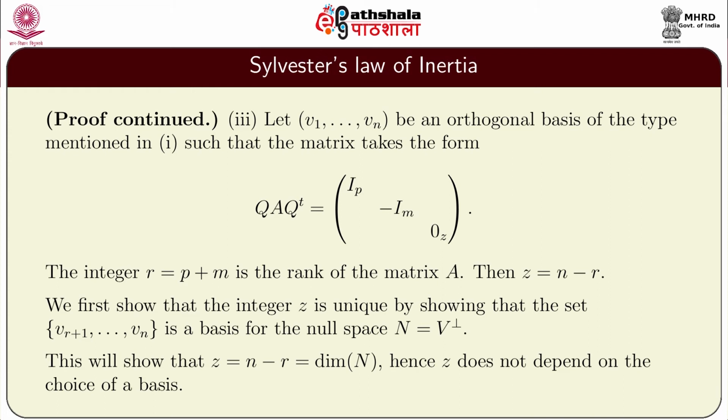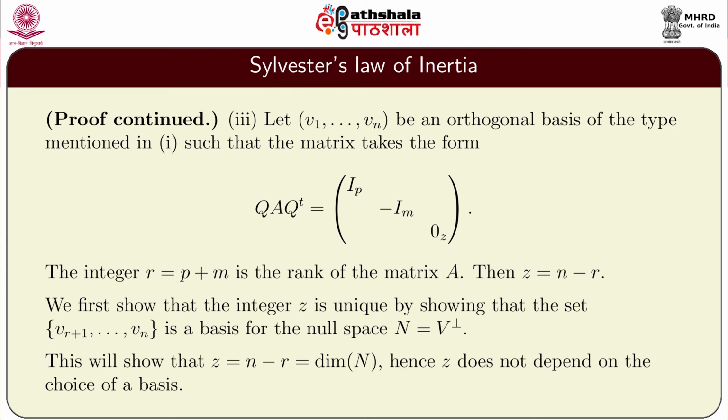This will show that Z, which is n minus r, is the dimension of this null space N. Therefore, the integer Z does not depend on the choice of basis, because the null space is associated to the symmetric bilinear form, and therefore the dimension of the null space is of course independent of the choice of basis.